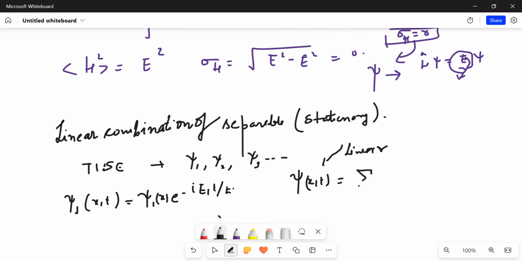Therefore I can assert that even if there are infinitely many solutions to a particular problem, and the wave functions I get from the time independent Schrödinger equation are ψ₁, ψ₂, ψ₃, and so on, I know from my calculation that at any future time the wave function can be written in this manner. And if I want to write the general solution using these states ψ₁, ψ₂, ψ₃, I can write it in this manner.